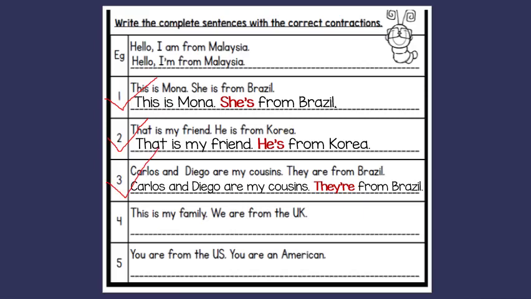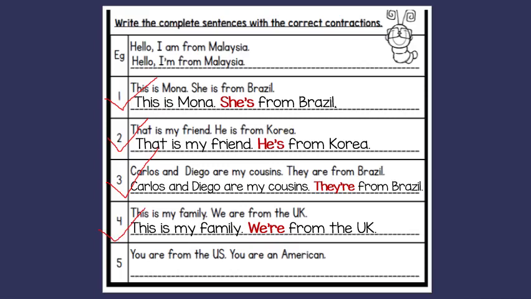Number 4. This is my family. We are from the UK. This is my family. We're from the UK. Another tick if you got that correct. The last one, number 5. You are from the US.